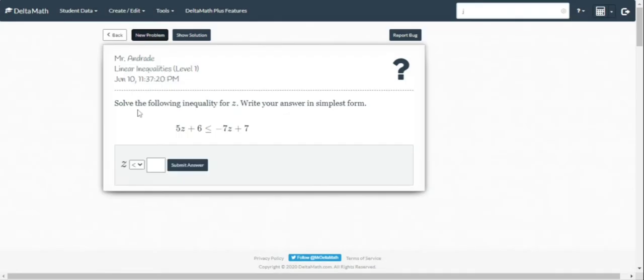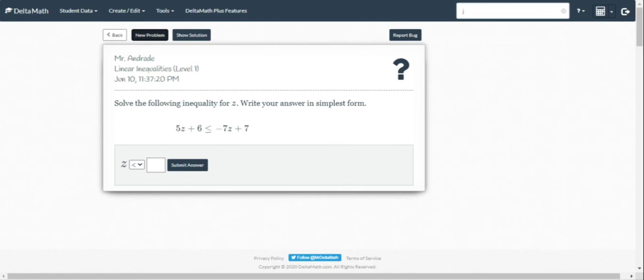All right, solve the following inequality for z. Write your answer in its simplest form. We have negative 7z there on the right side, so we're going to bring that to the left by adding it. So 5 plus 7 is 12. And then we're going to subtract the 6. And so that's going to be 1 on that side. So we're going to end up with 12z is less than or equal to 1.